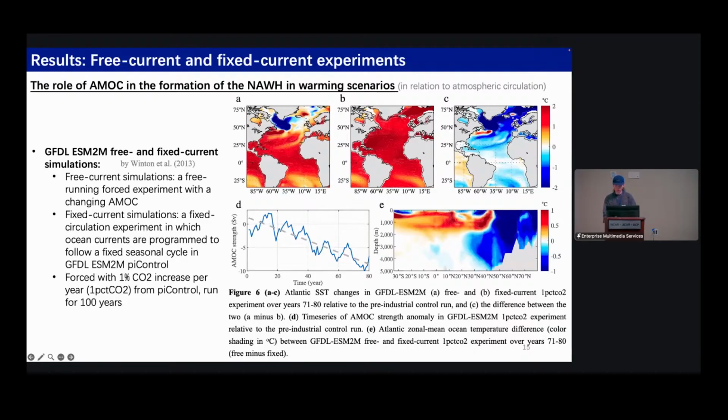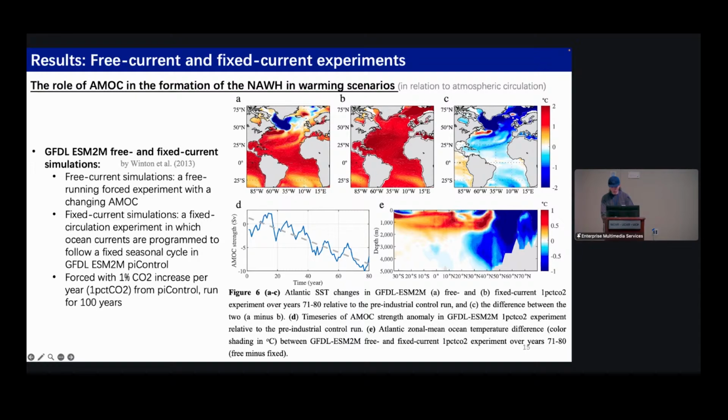And then we compare the GFDL free and fixed current simulations by Winton in 2013. They are both forced with 1% CO2 increase per year from PI control and run for 100 years. The free current simulation has a weakening AMOC as in panel D here. But in the fixed current simulation, the ocean currents are prescribed to follow a fixed seasonal cycle in the PI control, therefore a stable AMOC.